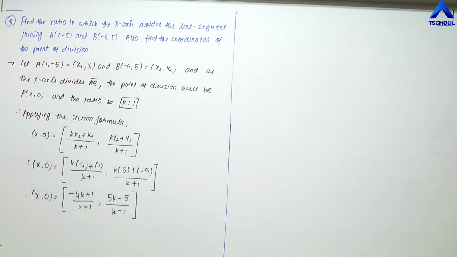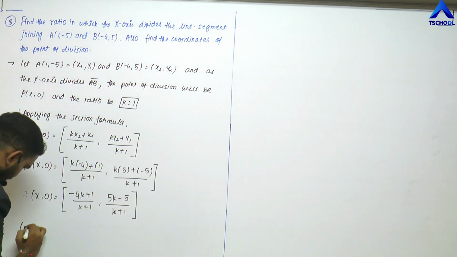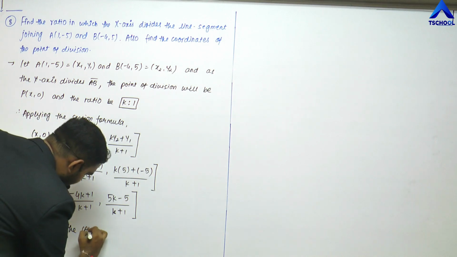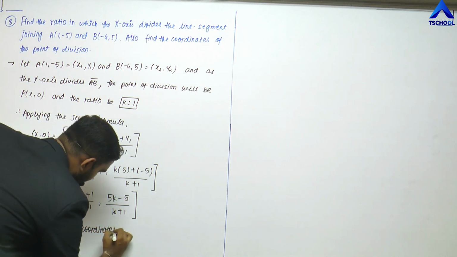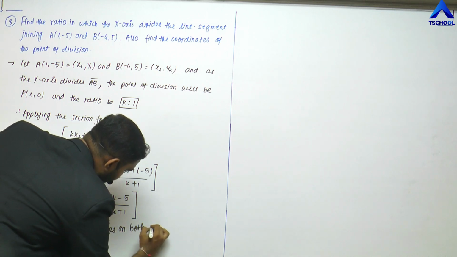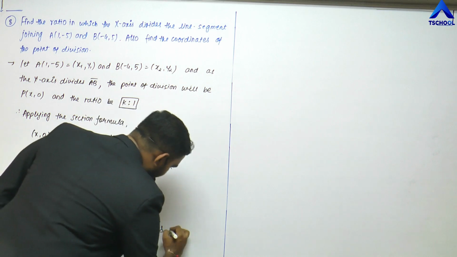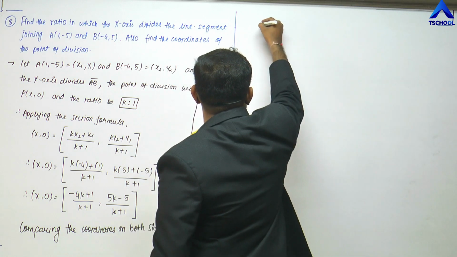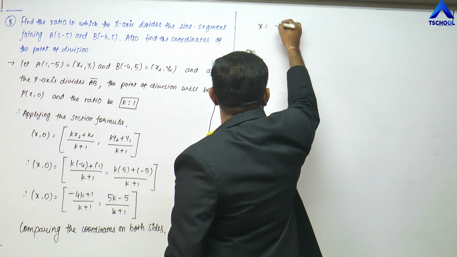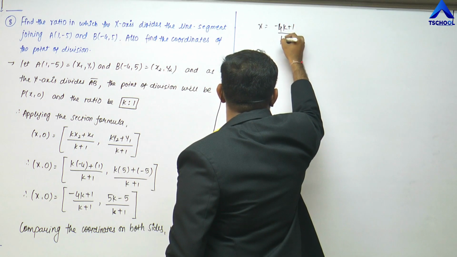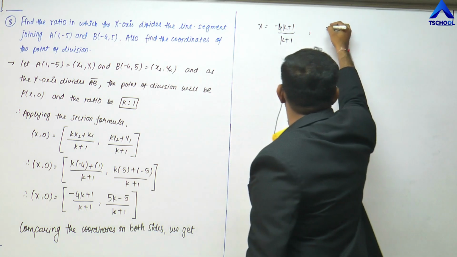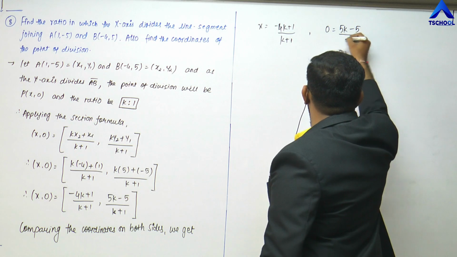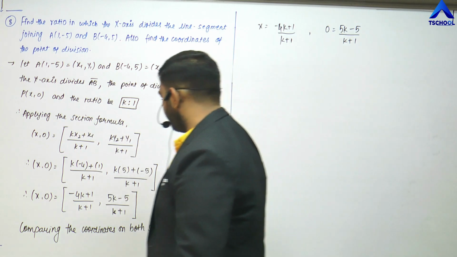Okay, now we shall simply compare the coordinates on both sides. We get, comparing the coordinates on both the sides, x equals minus 4k plus 1 upon k plus 1, and 0 equals 5k minus 5 upon k plus 1, right?